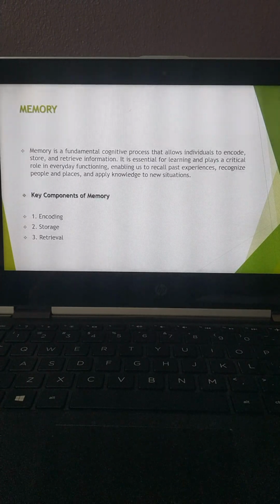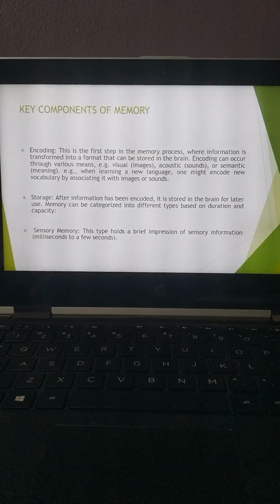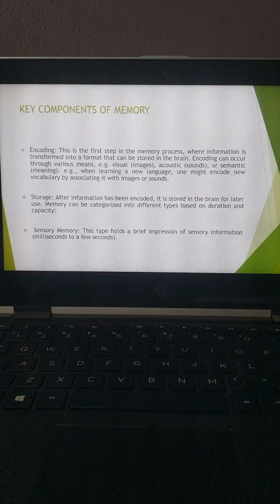There are key components of memory. The first is encoding, the second is storage, and the third is retrieval. Encoding is the first step in the memory process. This is where information is transformed into a format that can be stored in the brain. It occurs through various means.